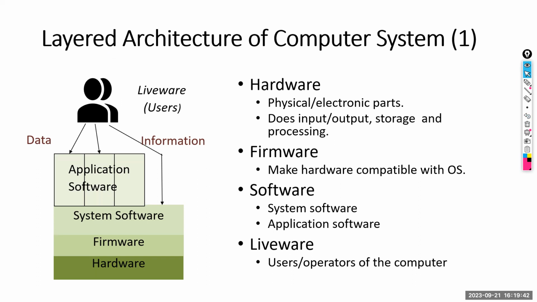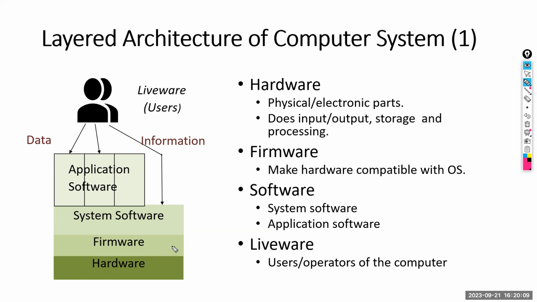When we look at networking, we will look at the 8-layer OSI architecture. Layered architecture means the architecture consists of a set of layers. On top of the lower layer, we have an upper layer, and another layer. This is the first layered architecture we look at. We call it the layered architecture of the computer system.